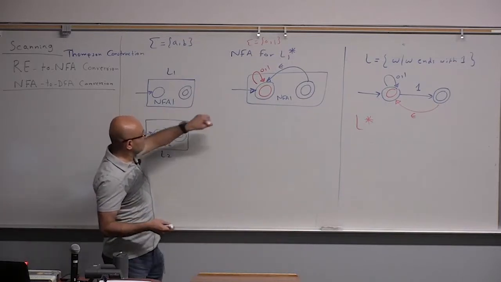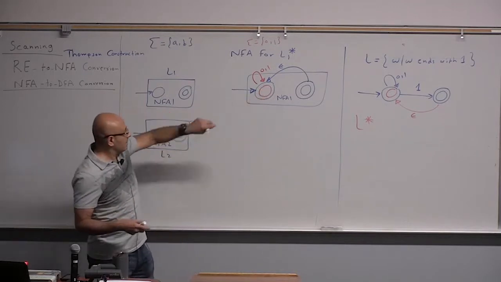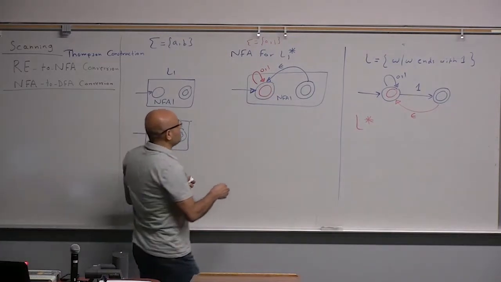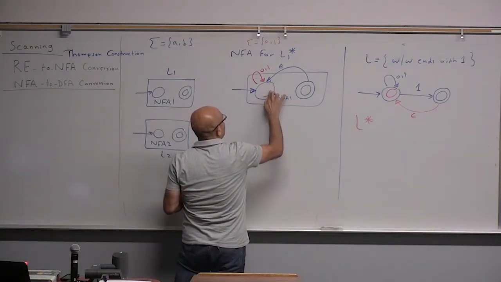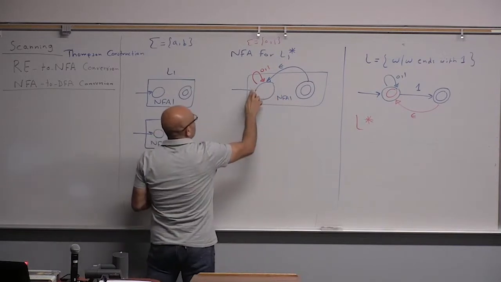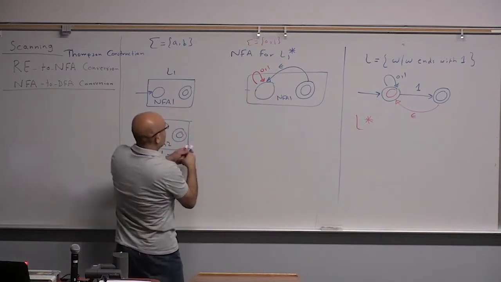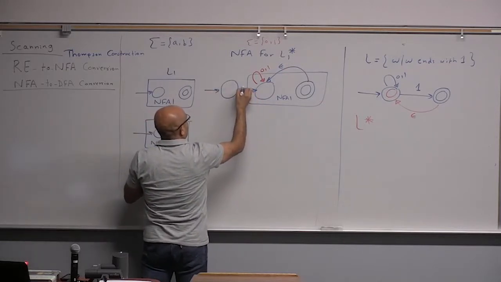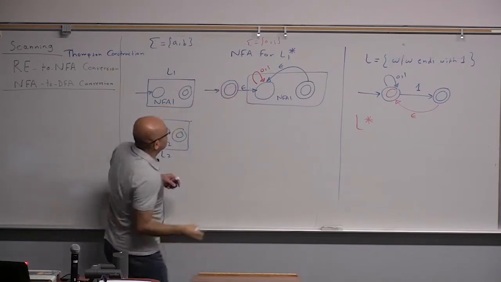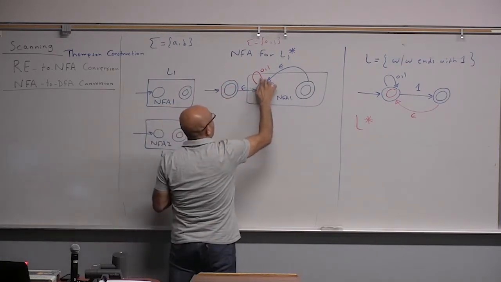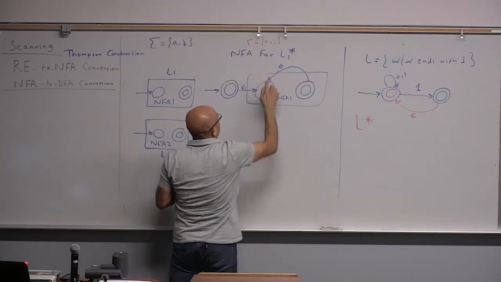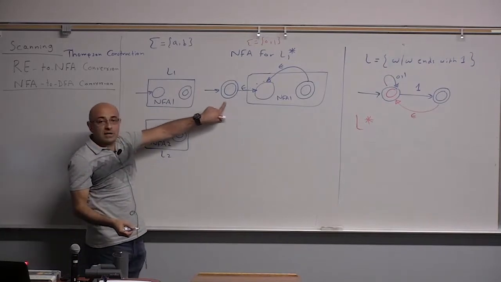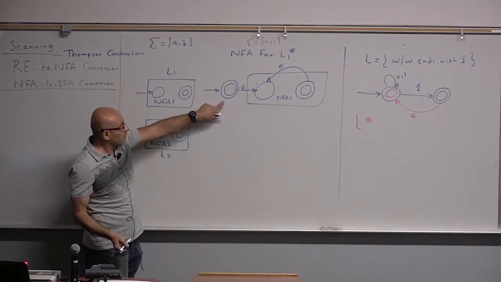So in conclusion, I can't use the existing start state as an accept state that will allow me to accept epsilon. So I'm going to introduce a new start state that I will make an accept state.